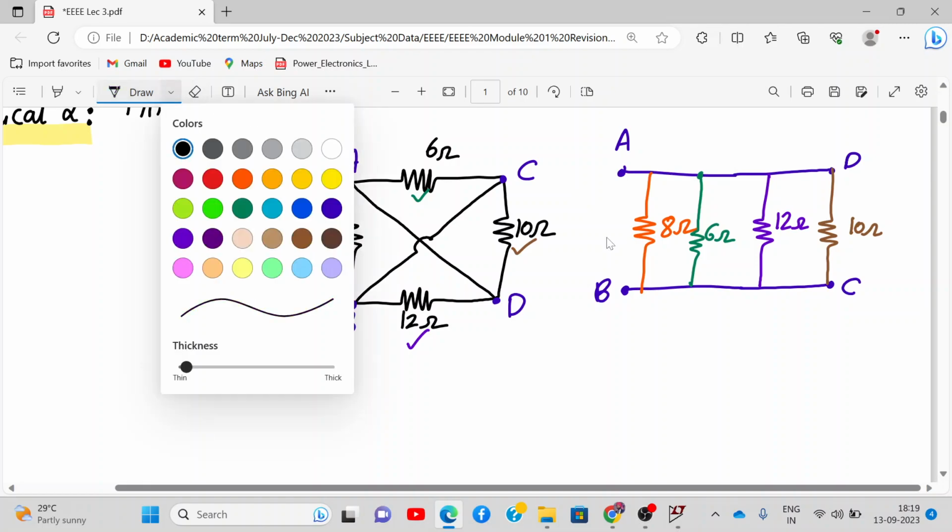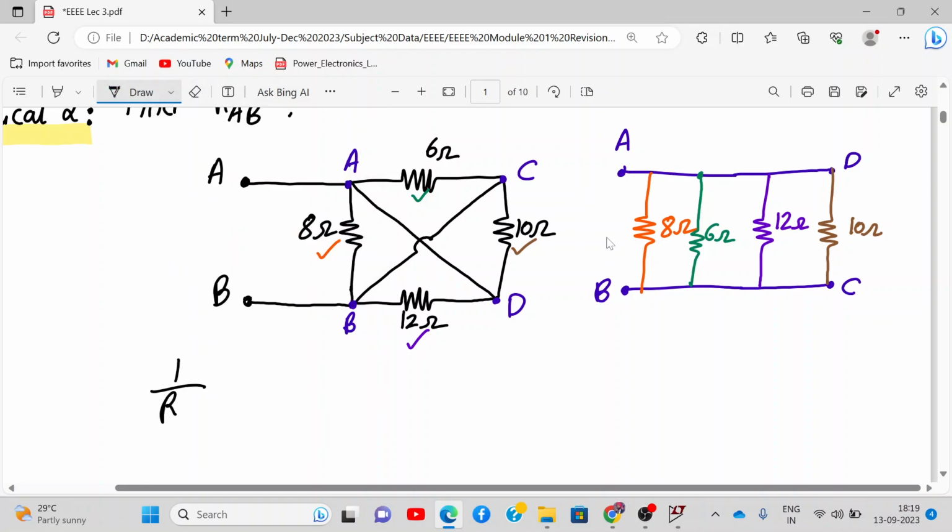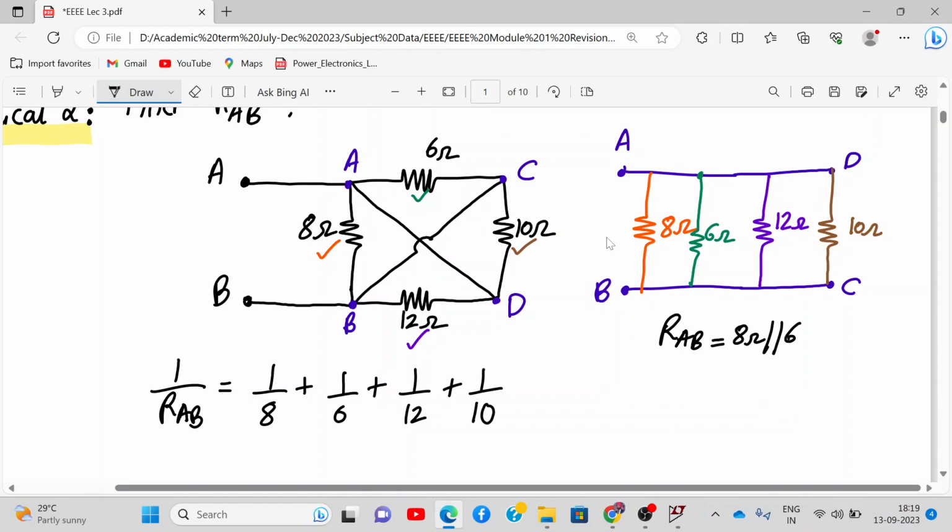So what will be RAB? 1 upon RAB will be 1 upon 8 plus 1 upon 6 plus 1 upon 12 plus 1 upon 10. So basically RAB is 8 ohm parallel to 6 ohm parallel to 12 ohm, parallel to 10 ohm.